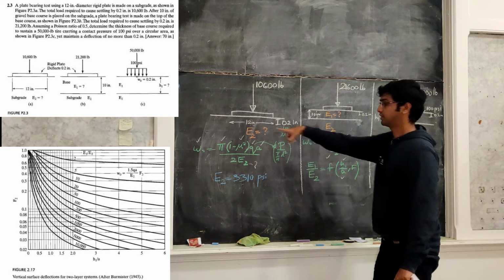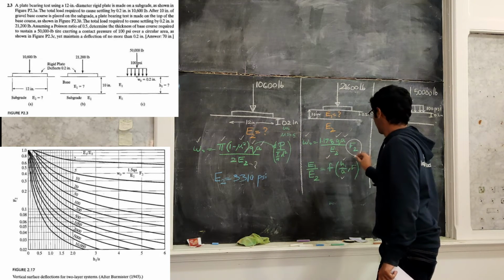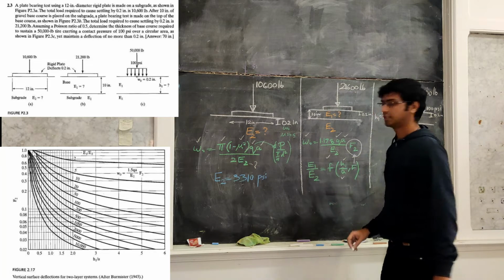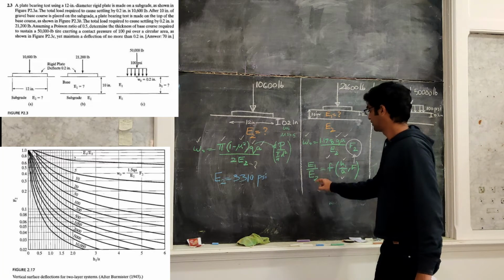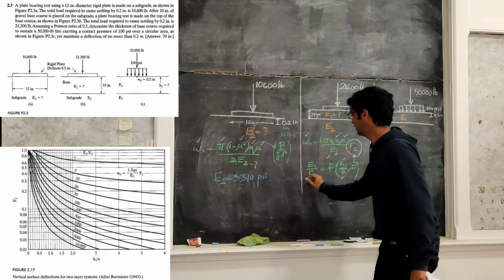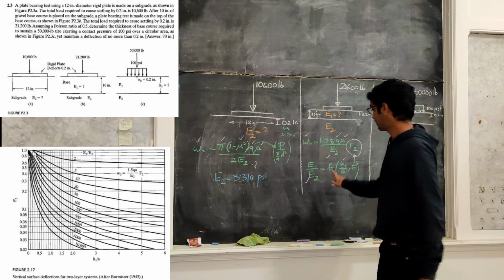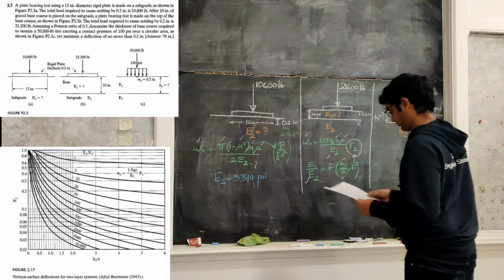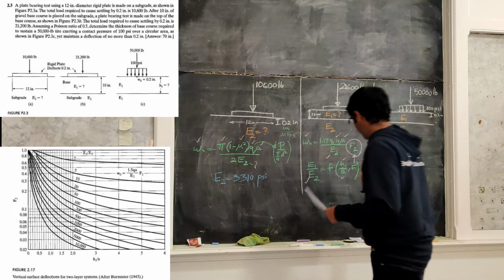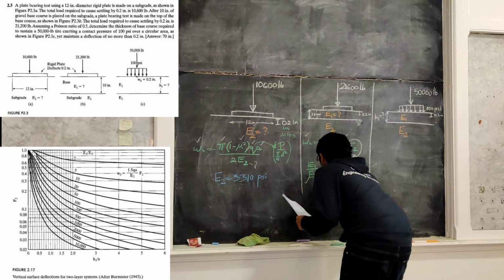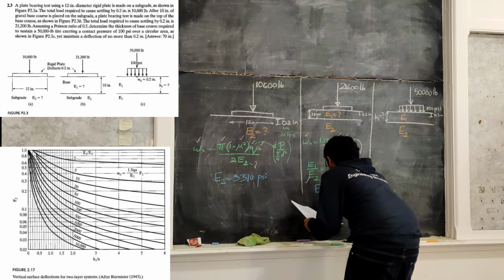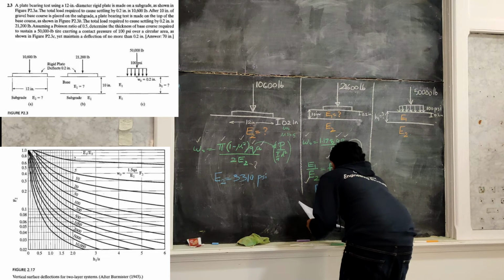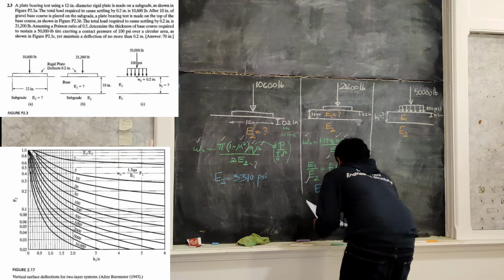A, you already know, 12 inch diameter. F, you already obtained from this equation. Once you plug in, you can find E1. E2 is already known. So you have to use the design chart for finding E1. If you do this, you will get the answer E1 as 13,200 psi.